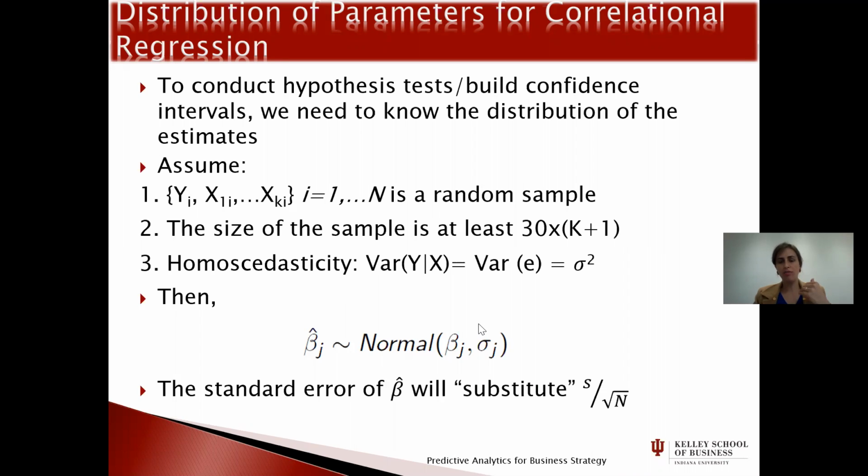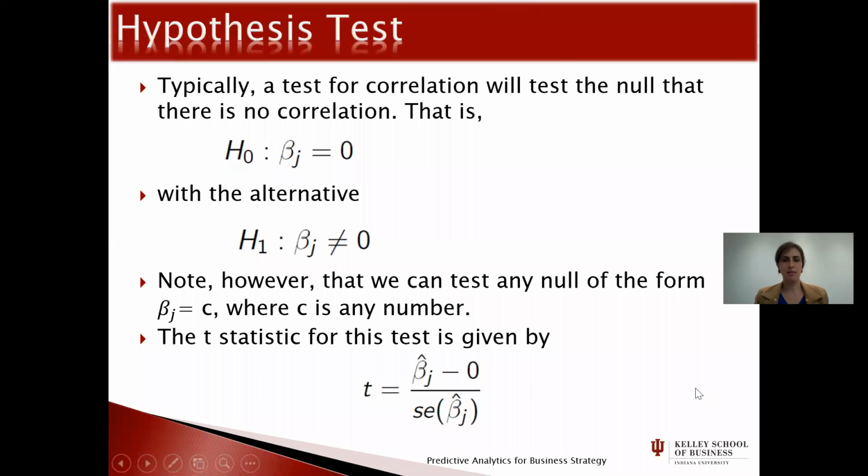So it's more of a convenient assumption to have. You would also be able to perform hypothesis tests without homoscedasticity, but we add this assumption to facilitate the calculation of the standard errors. If that's not true, it just means that your standard errors are going to be more complicated.